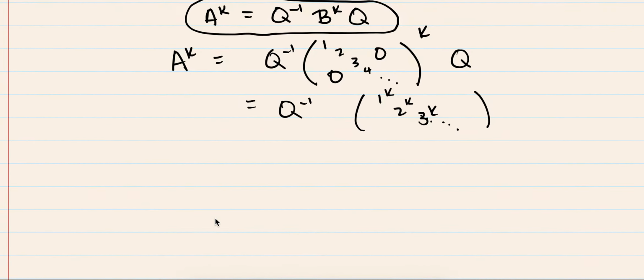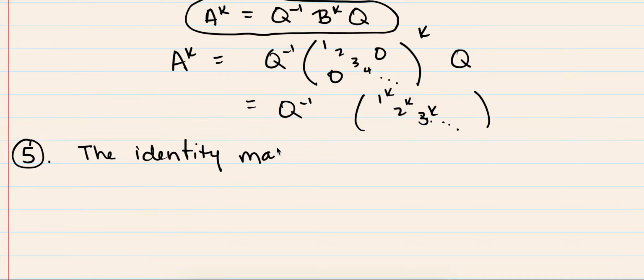Okay, let's look at one more interesting property, which is the identity matrix I, which we're going to say is n by n, is only similar to itself.